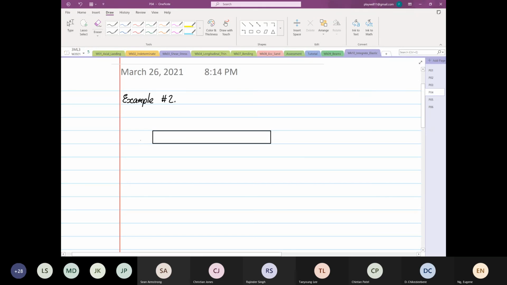So this is point A, point B. Let's work this time where it is simply supported, and let's have a triangular load. So there is omega naught.